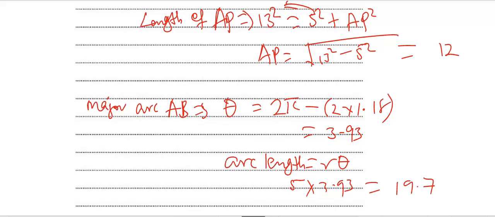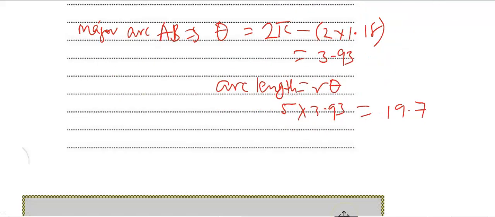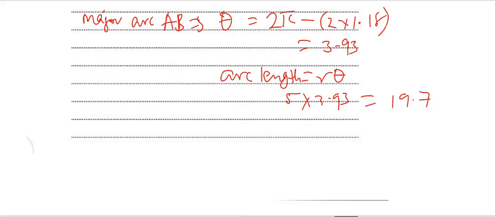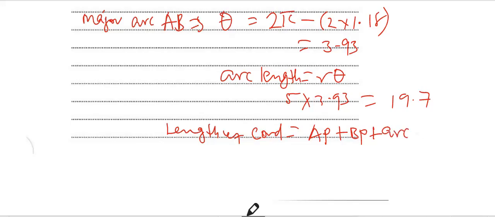So the length of the chord will be AP plus BP plus arc length, that is the arc of AB.